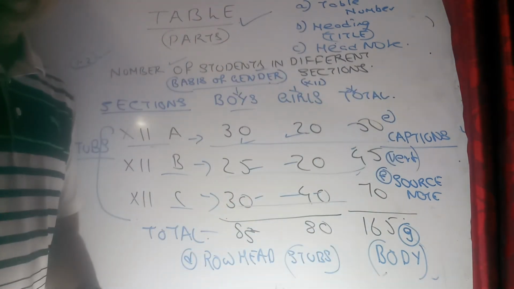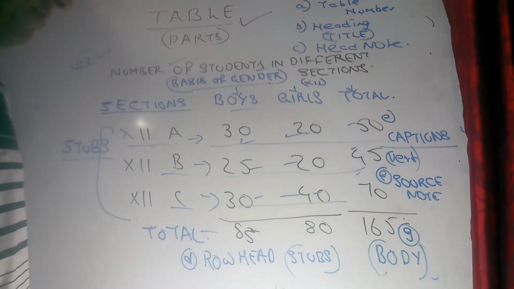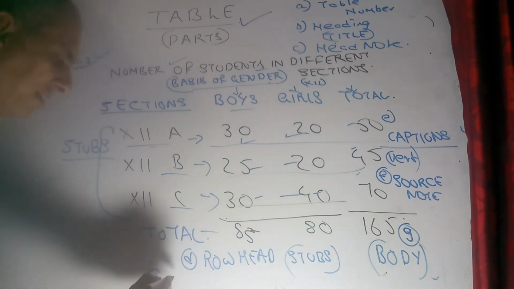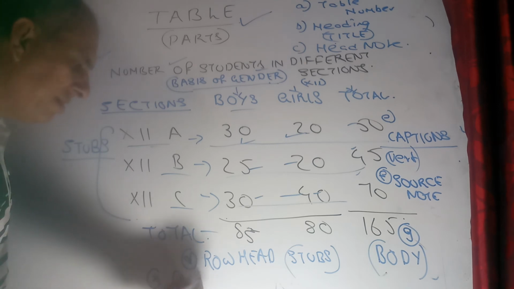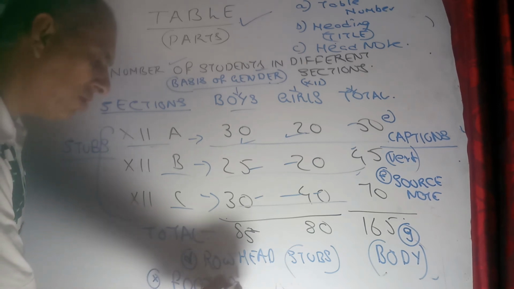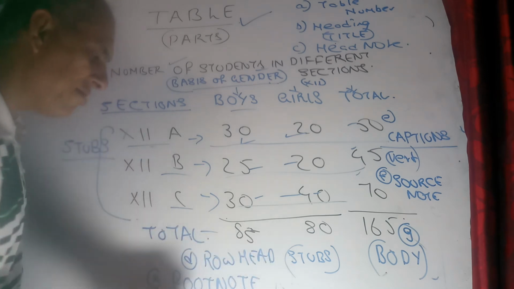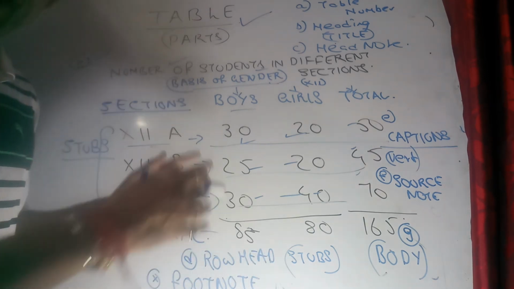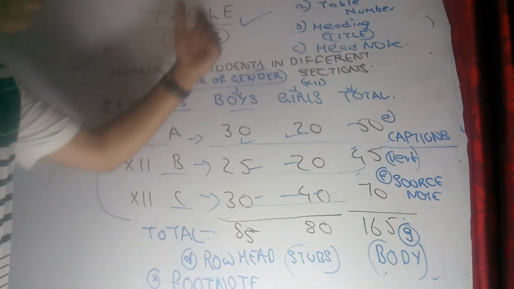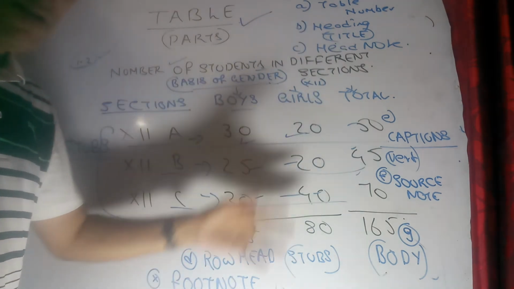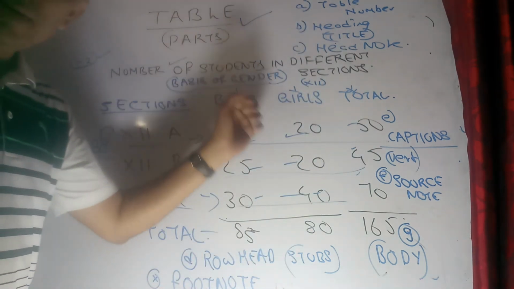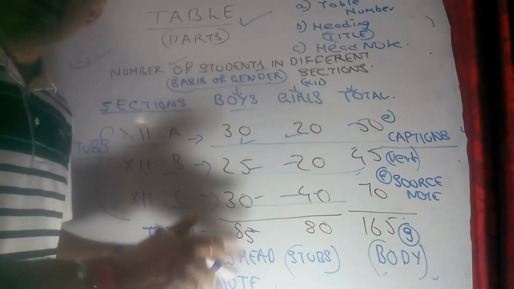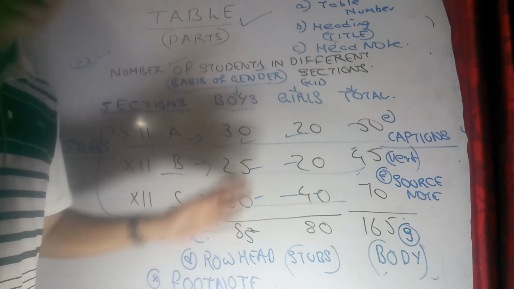And last but not the least, if you have to give additional information at the end, it is referred to as footnotes. So various parts of the table, ranging from the title, table number, captions, stubs, source notes, all make up the presentation of the tables.